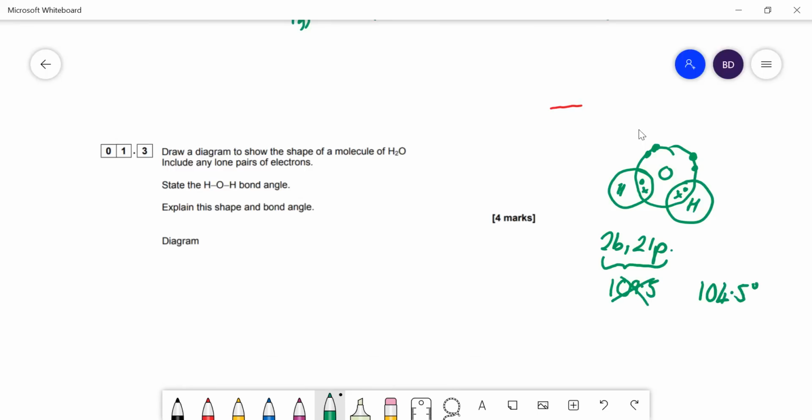Okay, so draw the shape of the molecule of H2O. It is planar, they're all in the same plane, so you can draw them flat. But you do have 2 lone pairs, so we're going to draw 2 lone pairs there. And the bond angle here is 104.5.